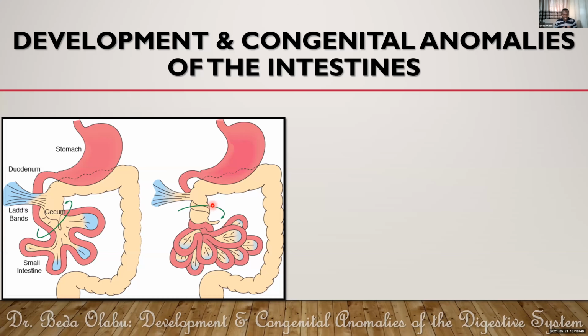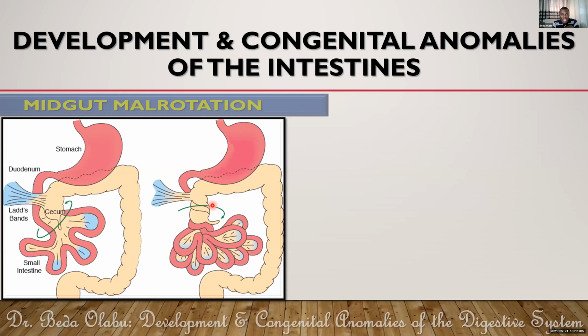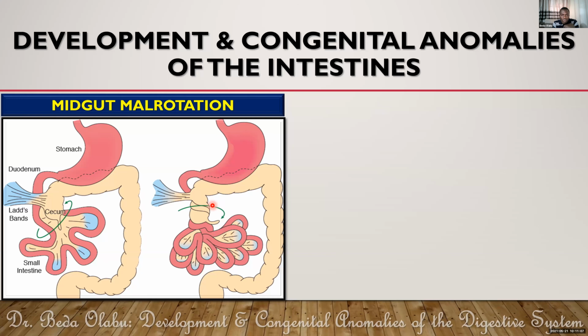But of importance anatomically, you can see the small gut is on the right and large gut is on the left. A normal one is that large gut should be peripheral and small gut central. Here, small gut is to the right and large gut to the left. We call this midgut malrotation. It is due to abnormal rotation of the midgut.